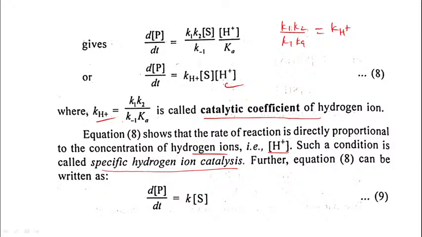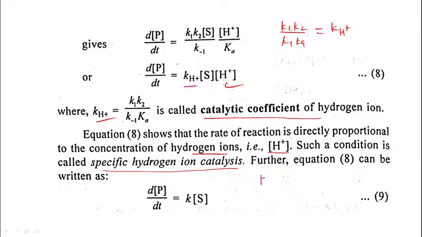And equation 8 can be written as, let us write equation 8 here, with further modification. So the rate of formation of the product, dP/dt, is equal to k into S. It means k is KH positive into the concentration of the hydrogen ion.